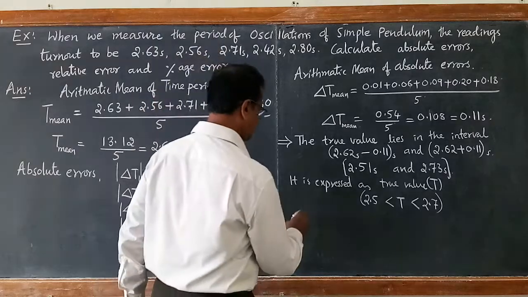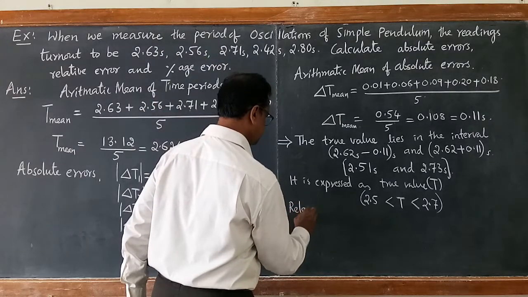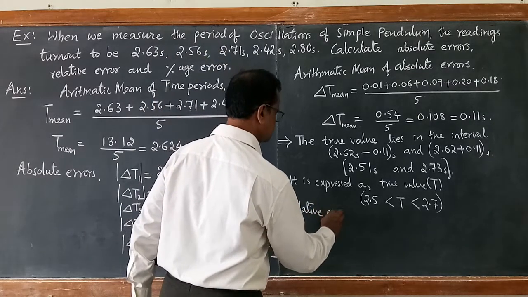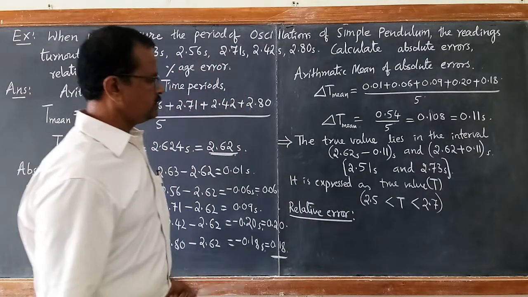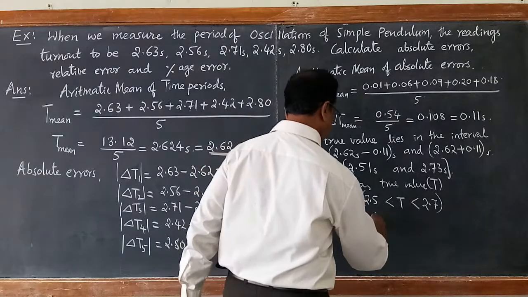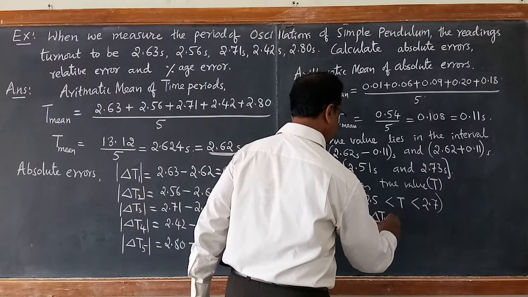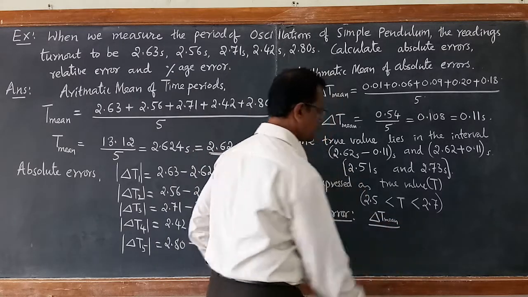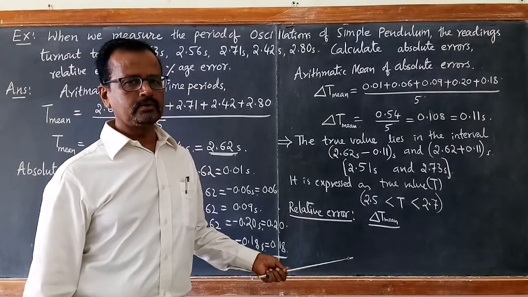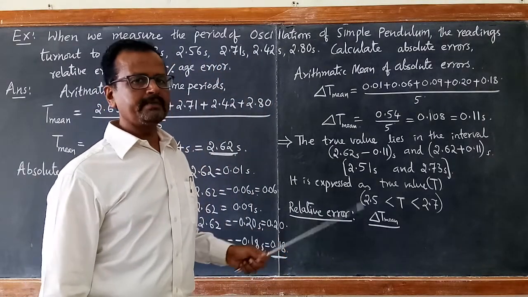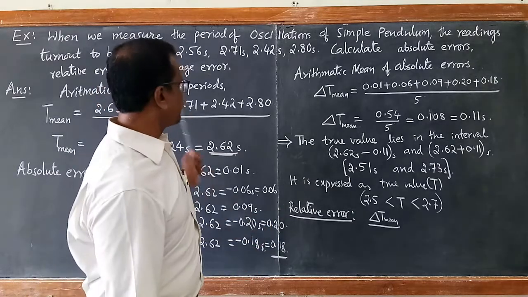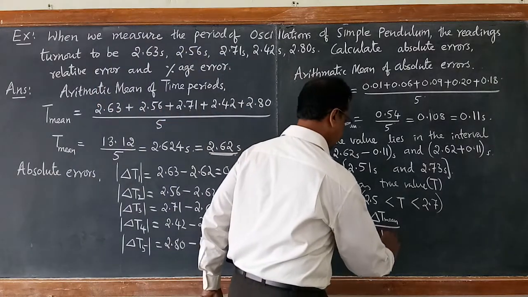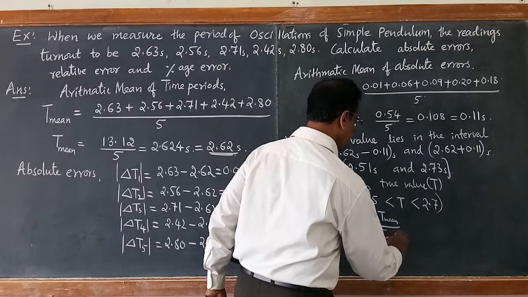Now we will calculate relative error. Relative error, as you know, is calculated as the ratio of absolute error to the arithmetic mean of the given time periods, denoted by T mean.